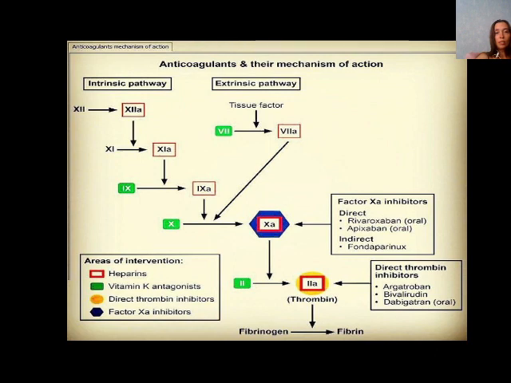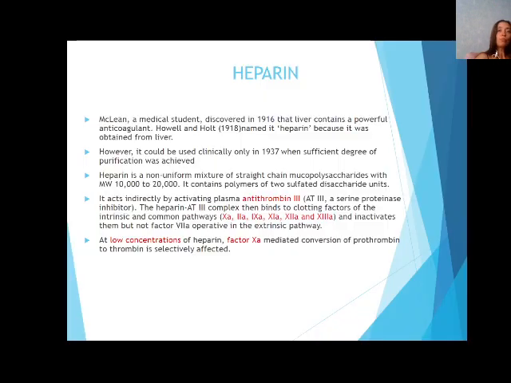You see in red color, heparin will inhibit 12A, 11A, 9A, and especially 2A factor, thrombin. Direct thrombin inhibitors like argatroban, bivalirudin, dabigatran inhibit primarily 2A factor.